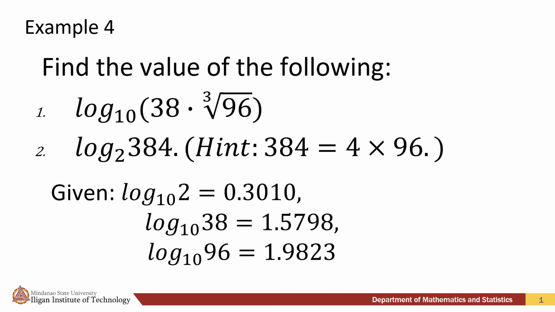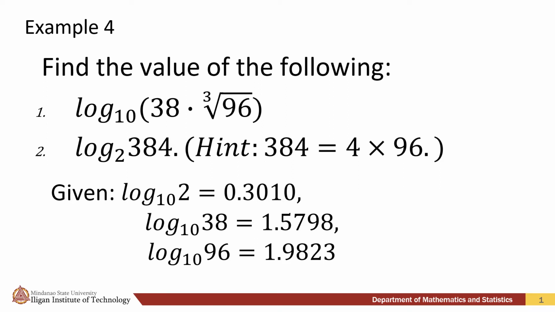Our fourth example states, find the value of the following. Number 1, the logarithm of 38 times the cube root of 96 to the base 10. Number 2, the logarithm of 384 to the base 2. You are given the following hint, that is, 384 equals 4 times 96.